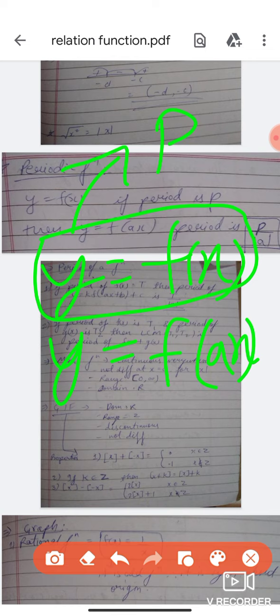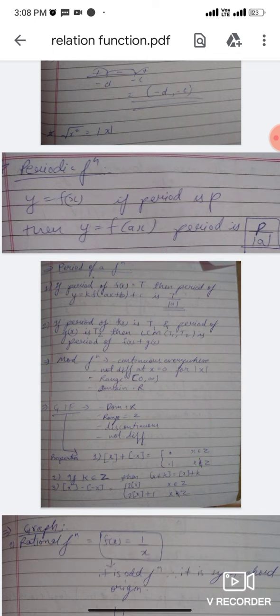If we take the period of y equal to f(x) to be p, and we multiply x by some number a, the period will be divided by the mod of that number that is multiplied with x. This was a simple case.